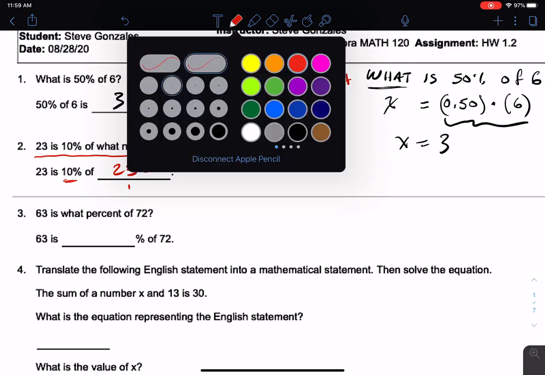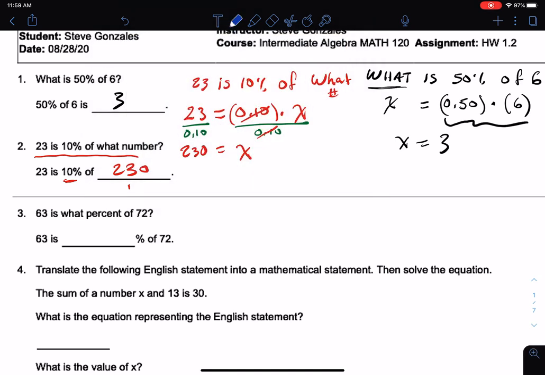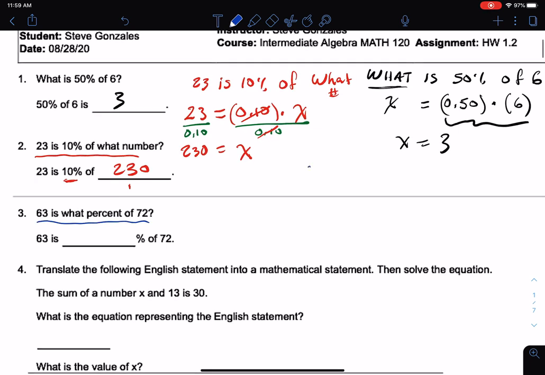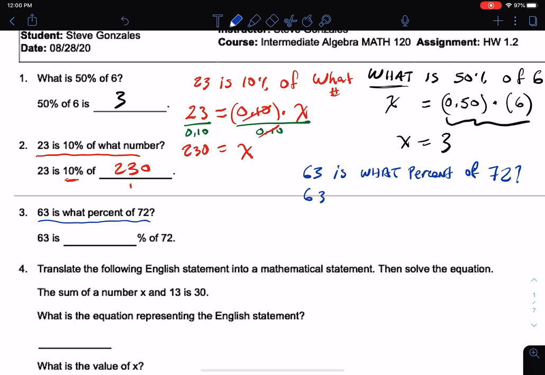Okay, number 3 is going to be this phrase right here, and so I'll write it as 63 is what percent of 72. Once again, translating that, we've got 63 equals what percent x, and "of" means you need to multiply it by 72.